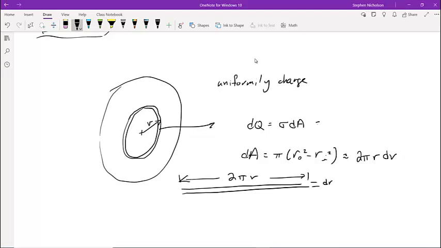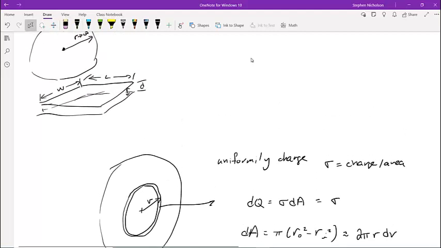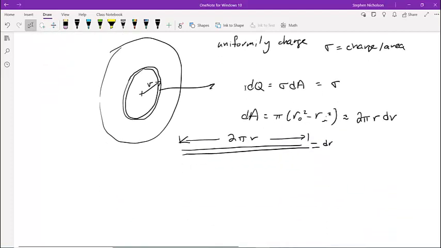So dq is equal to sigma dA. What is sigma? Sigma is the charge per area. If you think about a parallel plate capacitor, that's the way we normally look at it. We have a certain charge on a plate, and we divide by the plate area to get charge per unit area. So that's not a new thing.